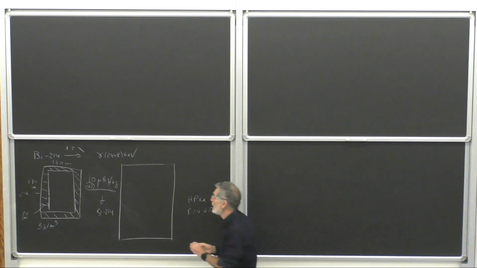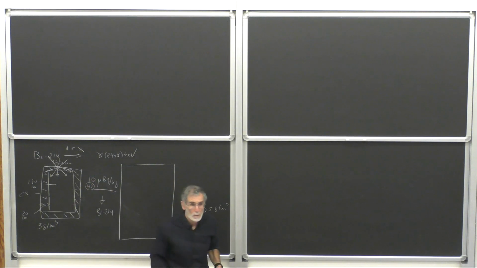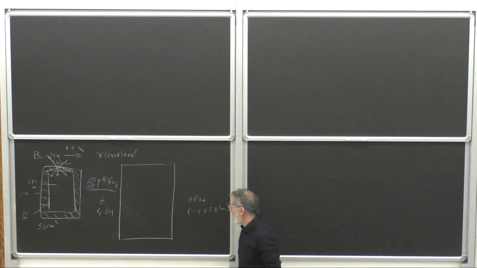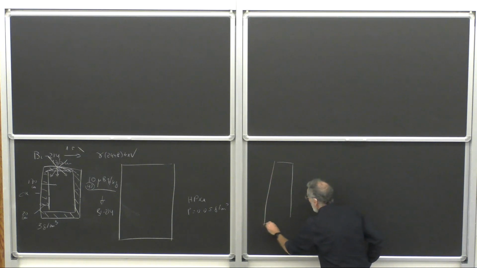So these gammas will propagate in all directions through the copper.